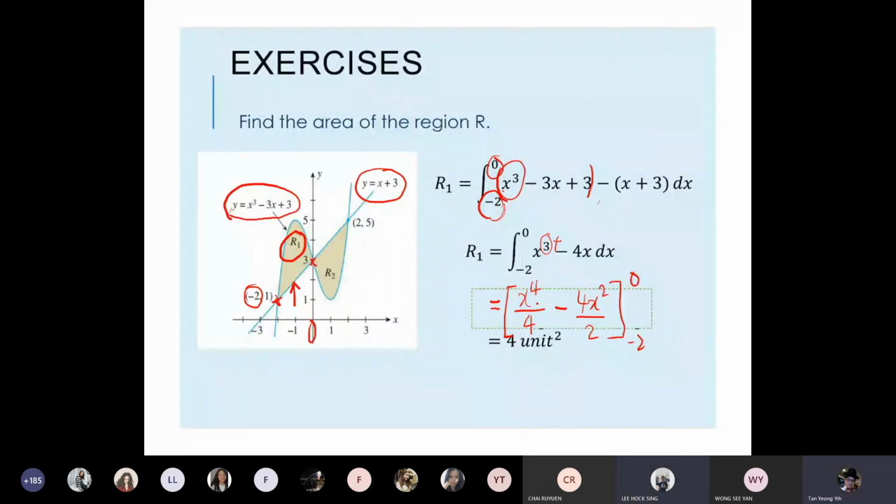After that, we simplify. Then we substitute 0 here as well, minus, substitute negative 2 here.